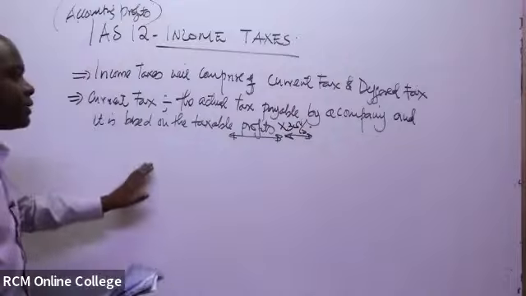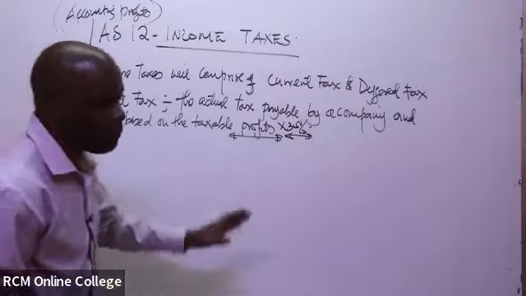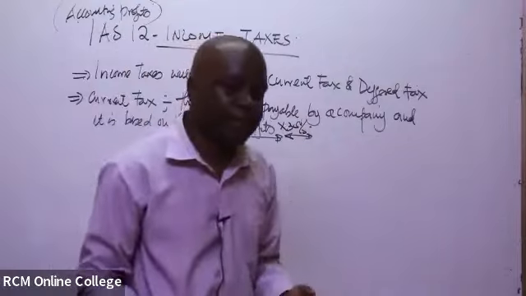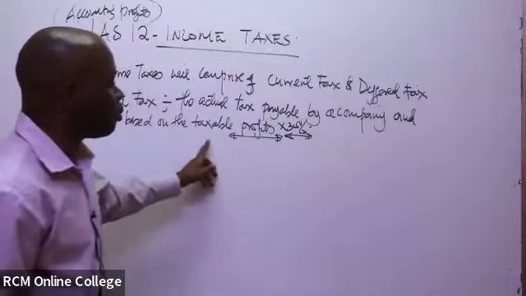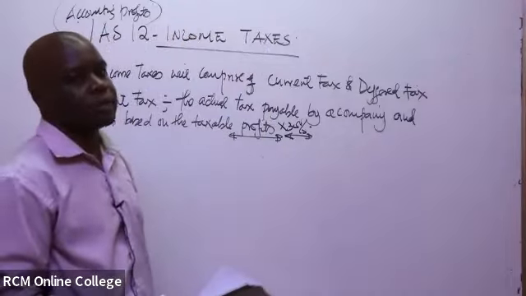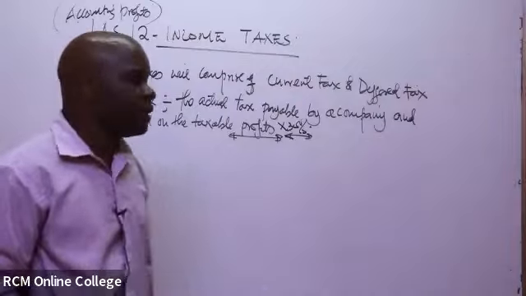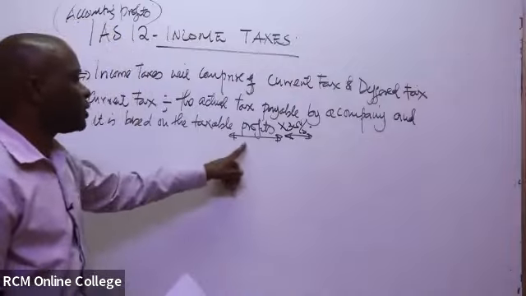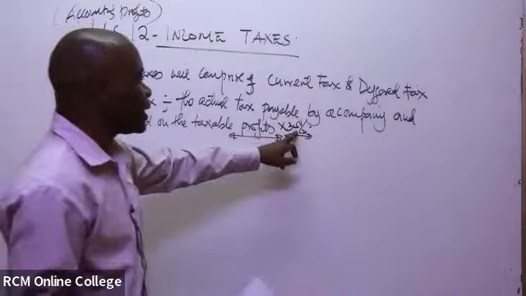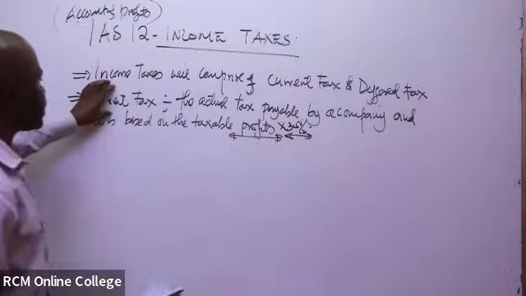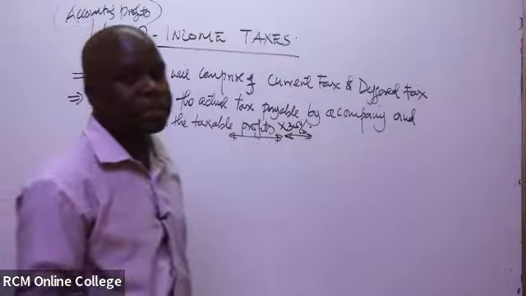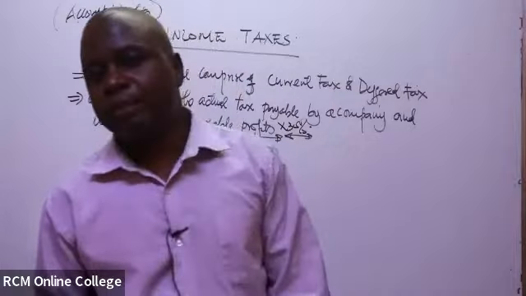But when the company has to determine how much of its profits are going to be taxed, they'll have to determine what we're calling the taxable profits. For each and every year, they'll determine the taxable profits, of which they'll be able to compute 30%, which eventually becomes the current tax.